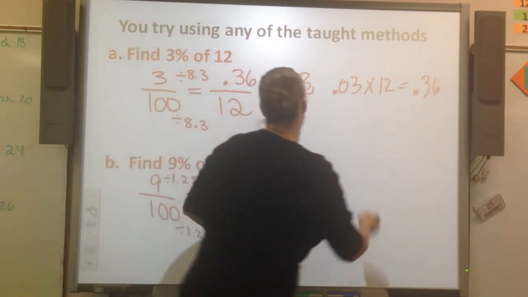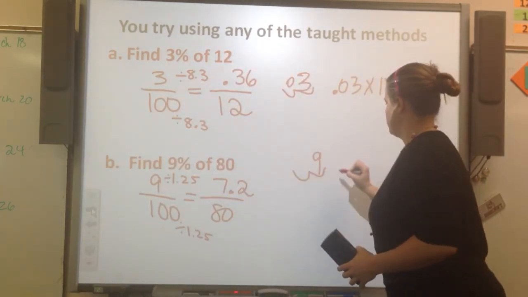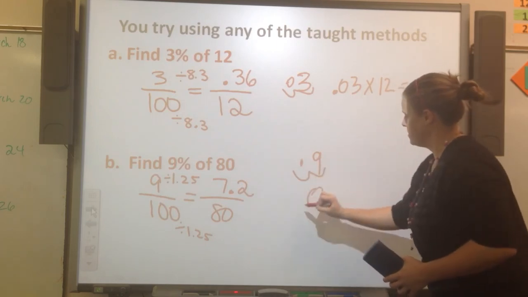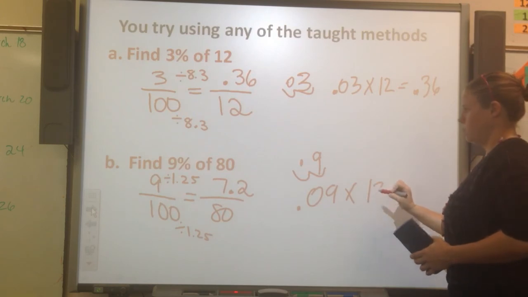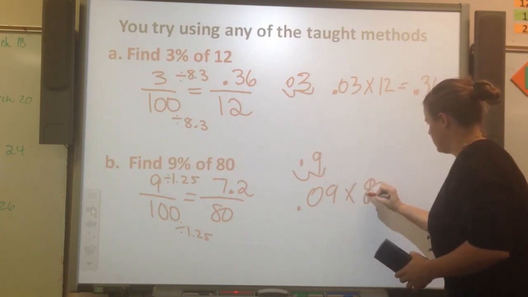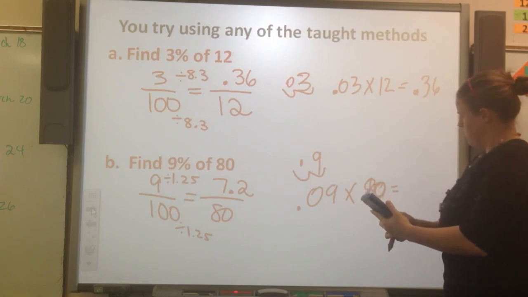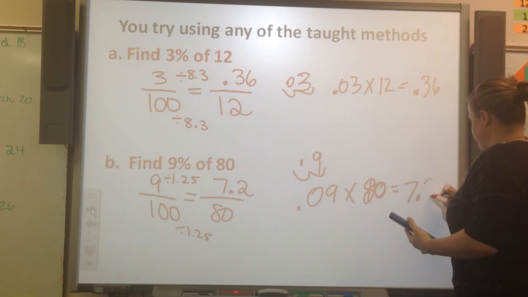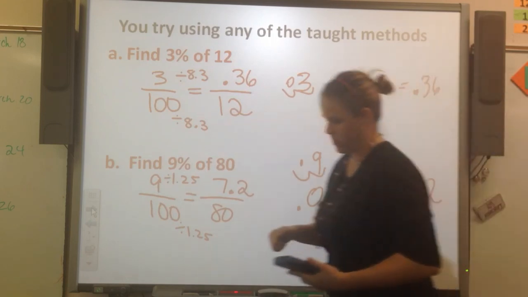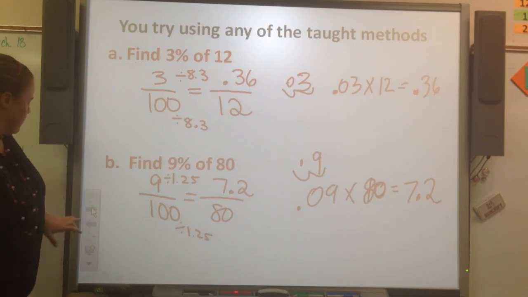And again, with my decimal form, 9%, so it's going to be 0.09 times 80, which is 7.2.